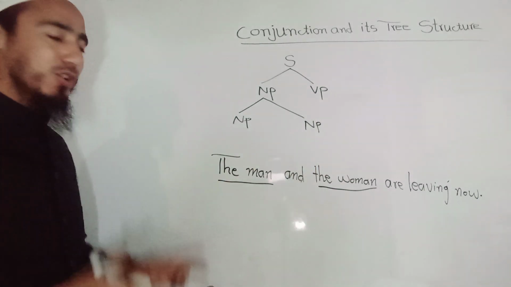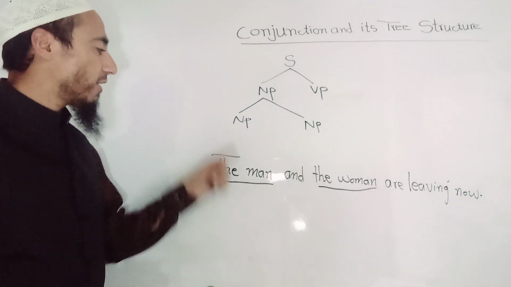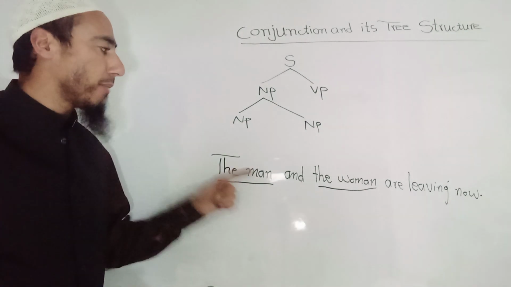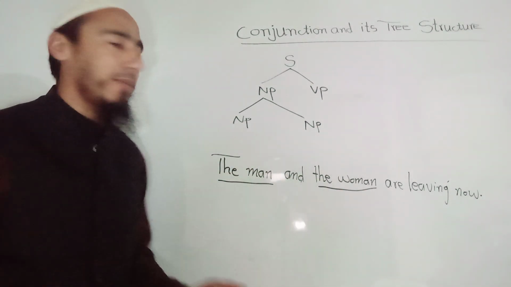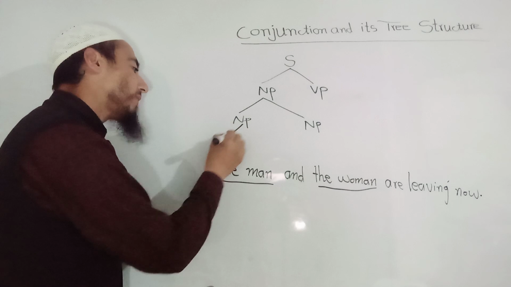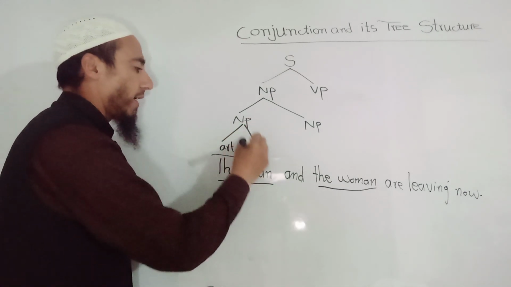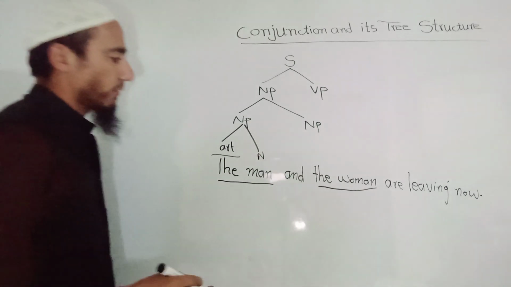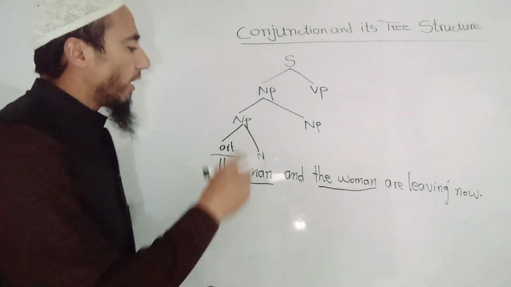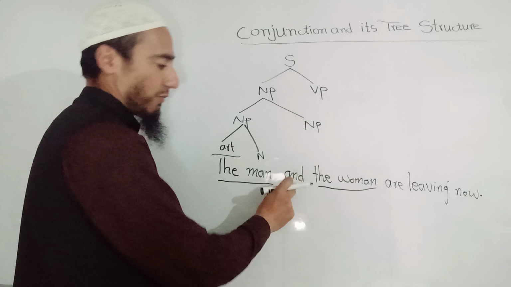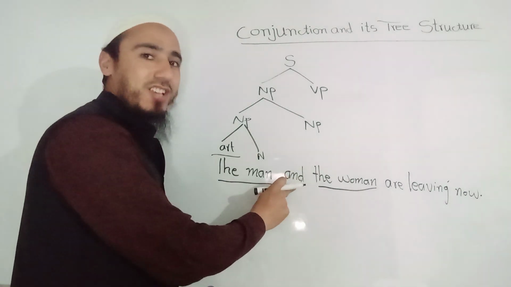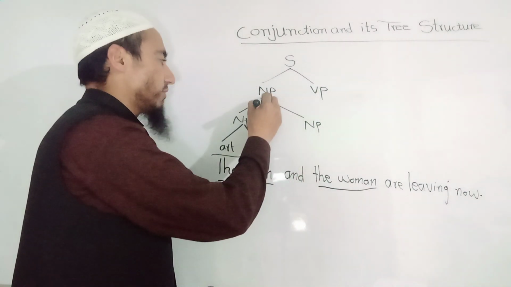Now why am I taking two separate NPs? Because this NP is for the man and this NP is for the woman. So in NP we have article, that is the, and for man we have N, that is noun. So man is noun. On the other hand, we have CC. CC means coordinative conjunction.